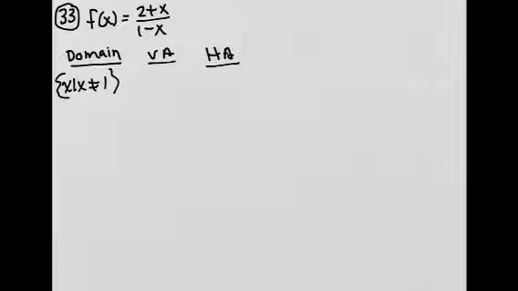Since nothing cancels, there's no common factor in the numerator and denominator, that means there's no hole, so that 1 becomes the vertical asymptote. And this is a powers equal function. The numerator and denominator have the same power, and the leading coefficients are 1 over negative 1, so that's negative 1.